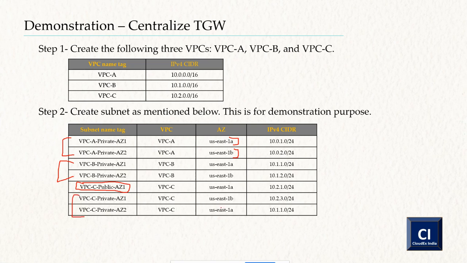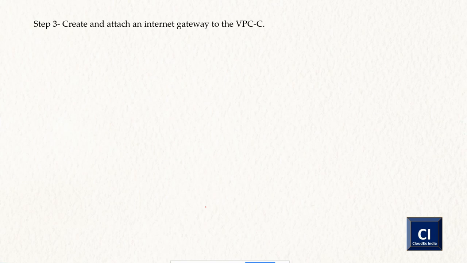Also, I have created two private subnets in VPC C. Next, you have to create and attach an internet gateway to VPC C so that you can deploy a virtual machine into the public subnet under VPC C and access it from the internet.